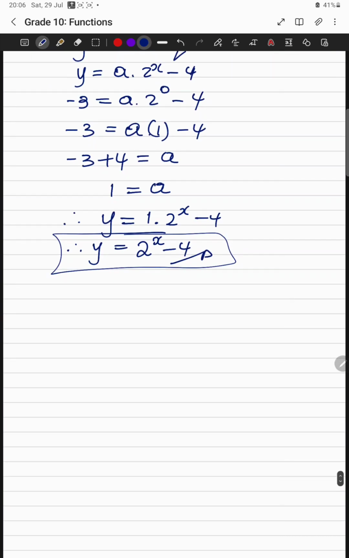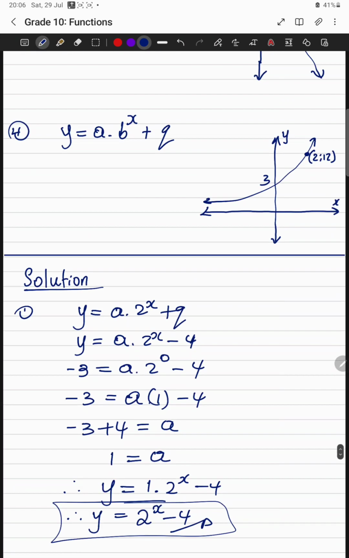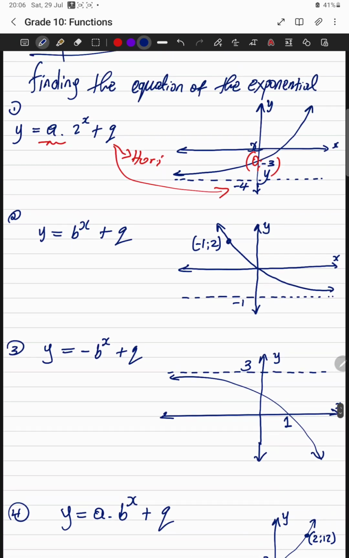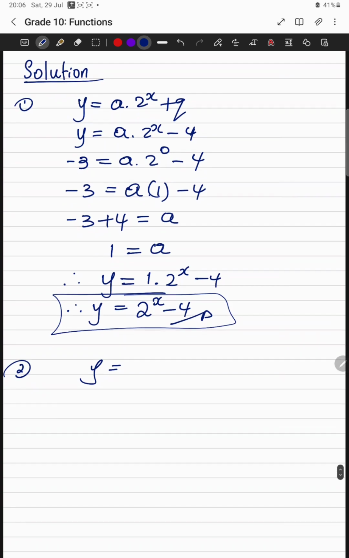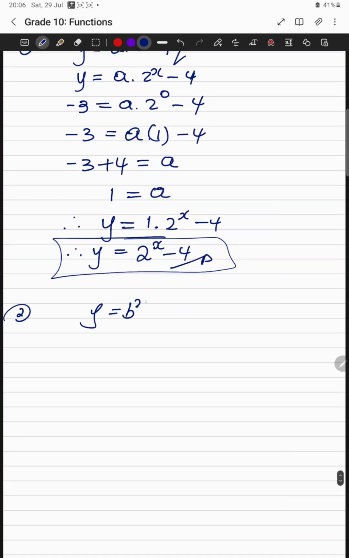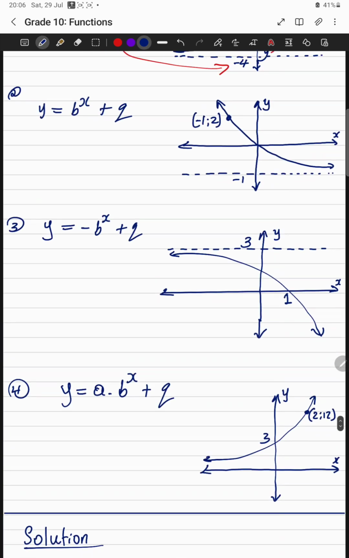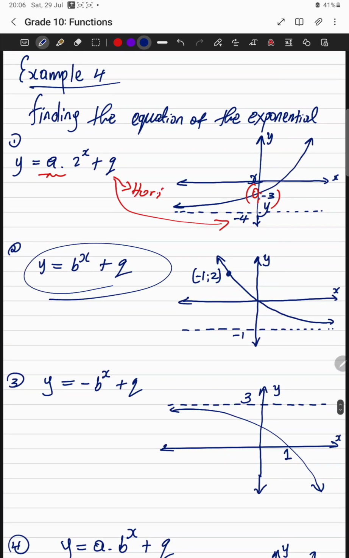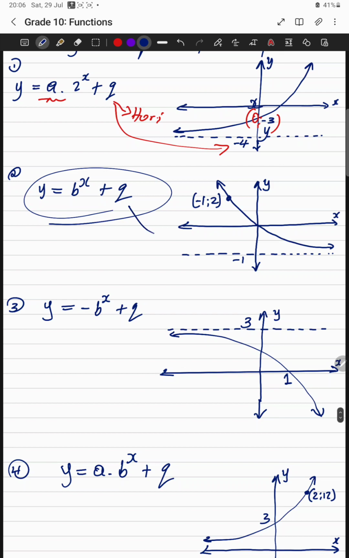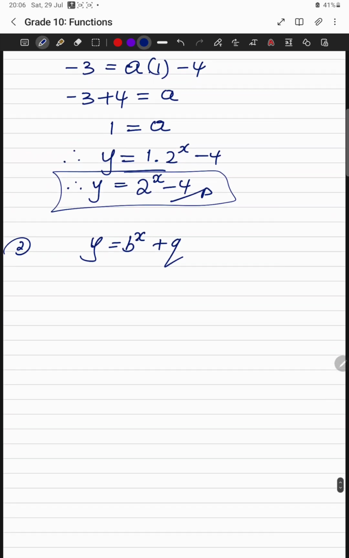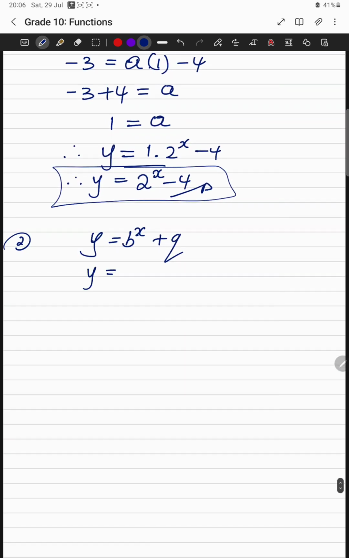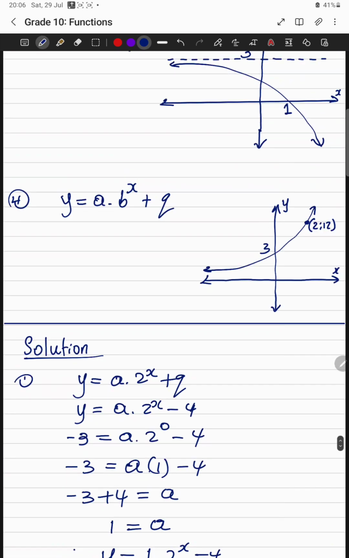So number 2, this one says y is equal to just b to the power x. This equation is not the same, so you need to be careful here. So we're dealing with this one now. So in the place of q, I'm going to put -1. So it must be y is equal to b to the power x -1. That is the first step.